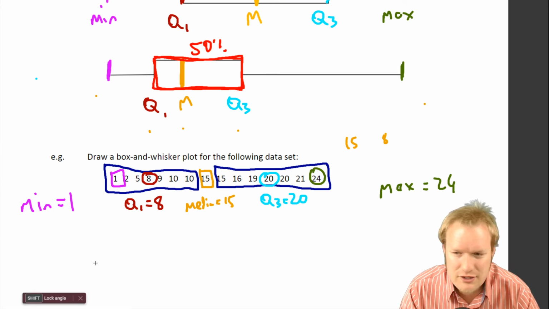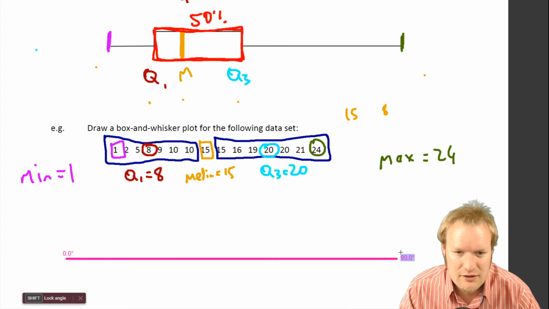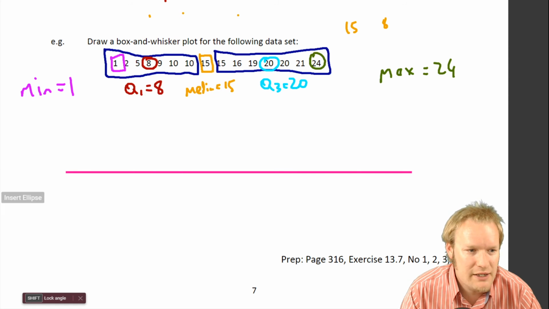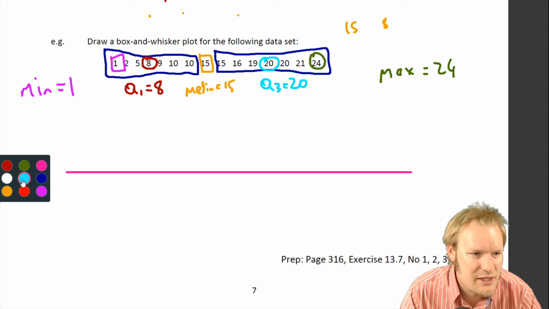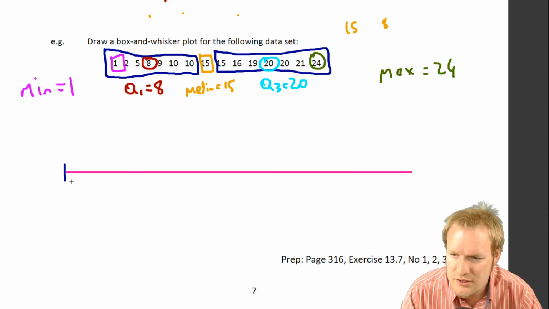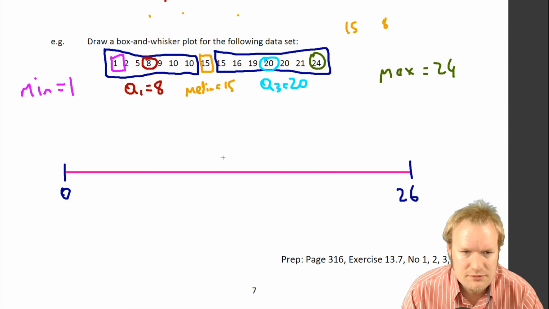Okay, so now the last part of the puzzle is to draw this. Now, we need to draw this to scale. So we start off, we draw our number line. We know that it's going to go from 1 up to 24. So let's maybe say this was 0. This is 26.